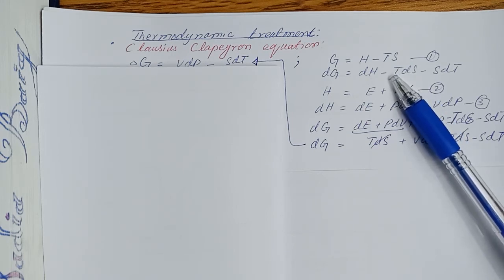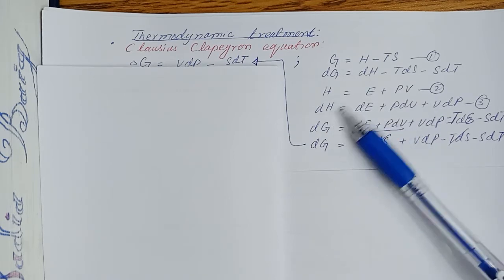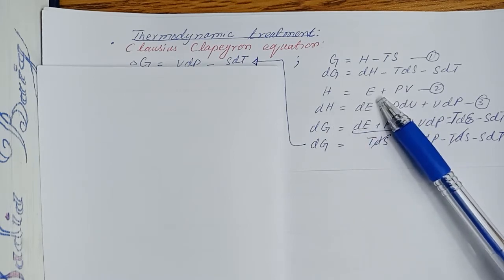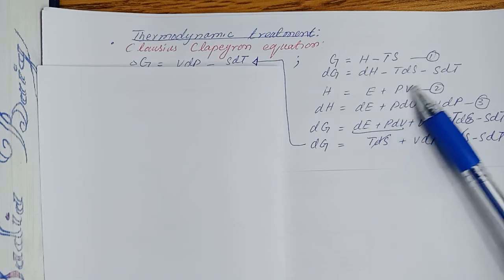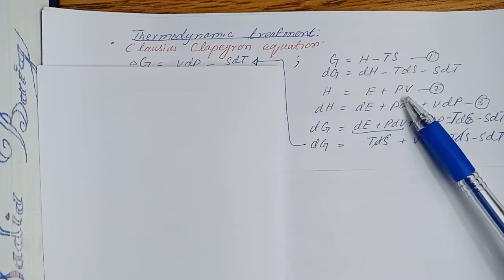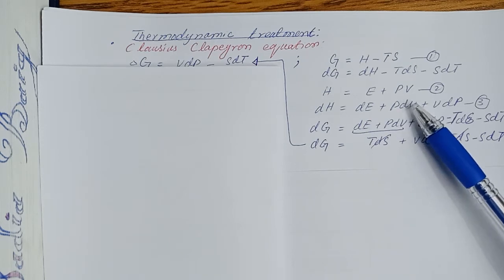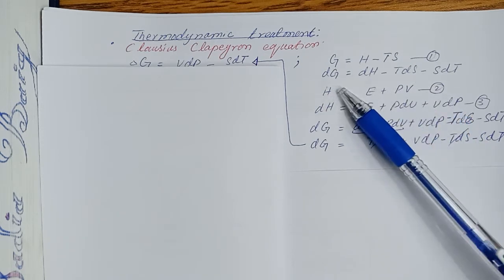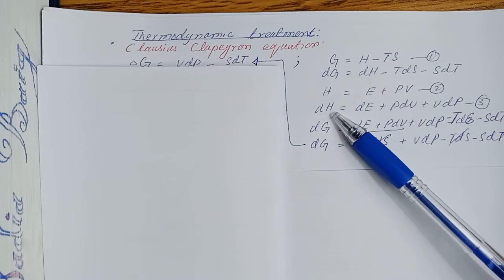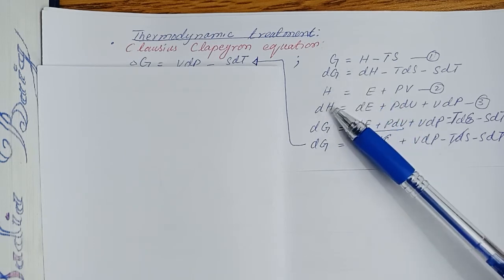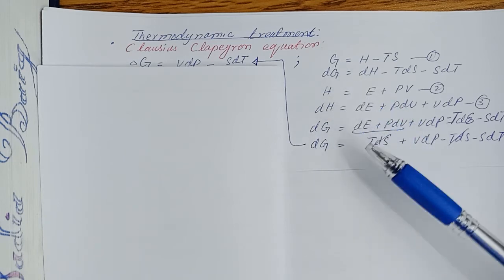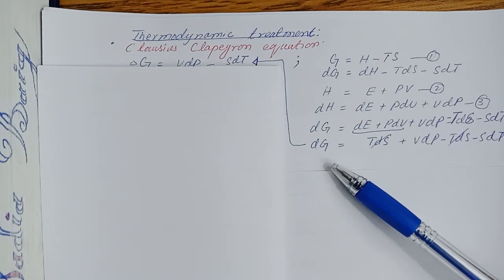Whereas the enthalpy of the system is expressed in terms of the internal energy of the system and the pressure-volume work. So let's compute the Gibbs free energy change and Helmholtz free energy change, and then we can compare them to get the equation.